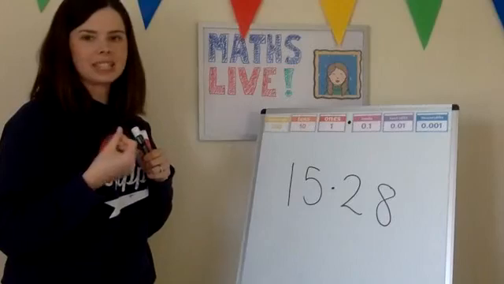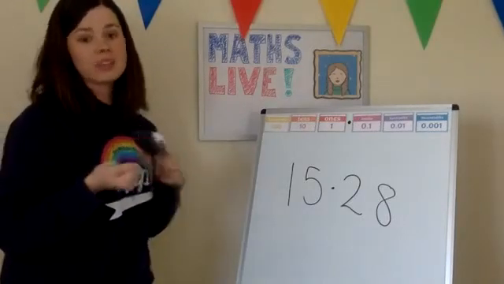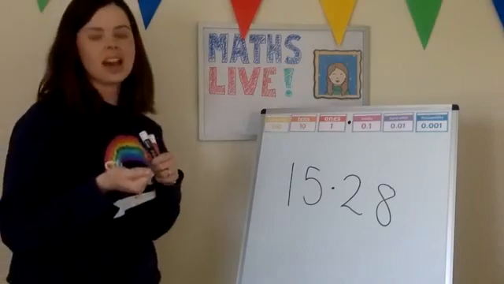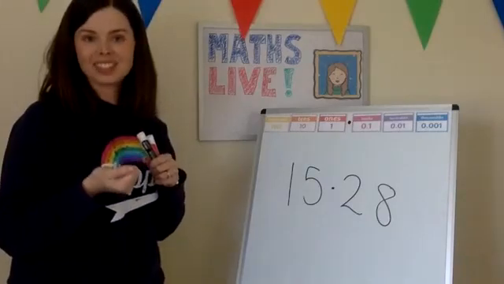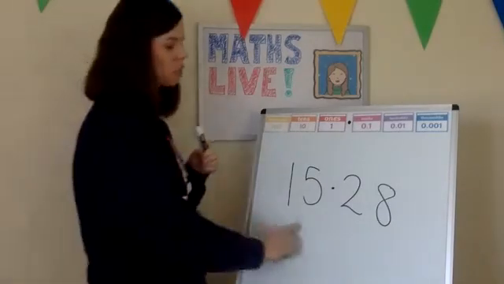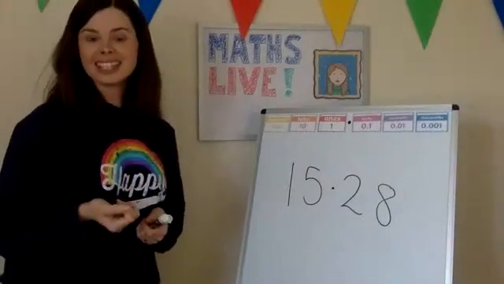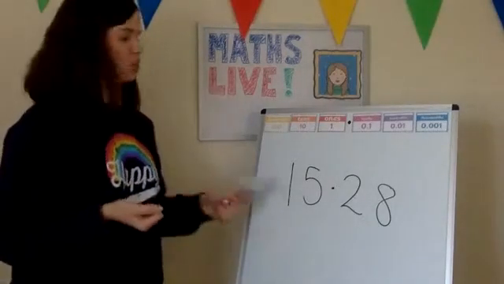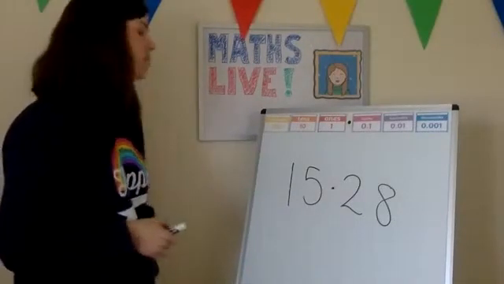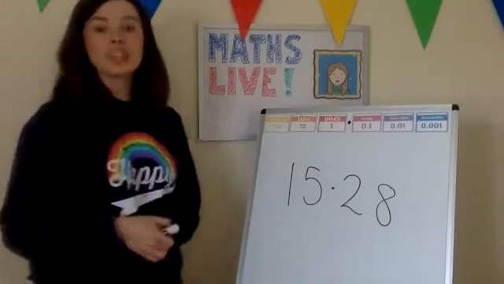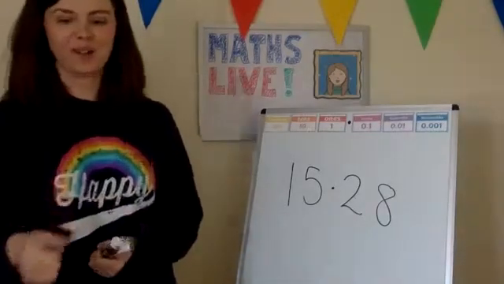Where is the tenths digit? And then when you've found the tenths digit, I would like you to add 6 tenths. So look at the number, find the tenths, and add another 6 tenths to that number, and let's see what the new number becomes. So it's 15.28, and you're going to add 6 tenths to that number. Have a go.